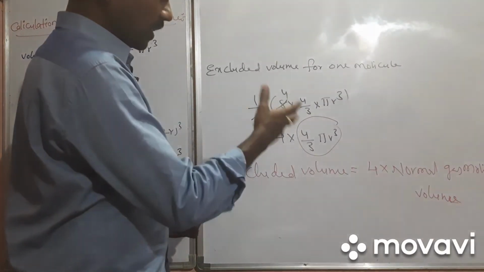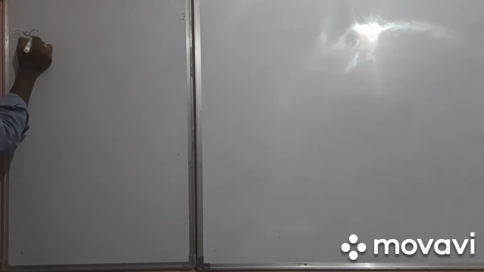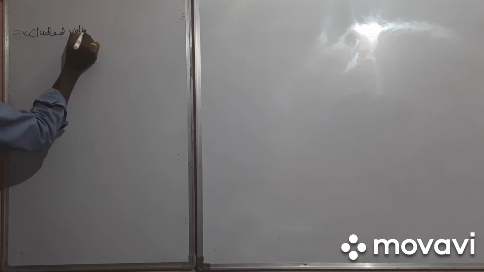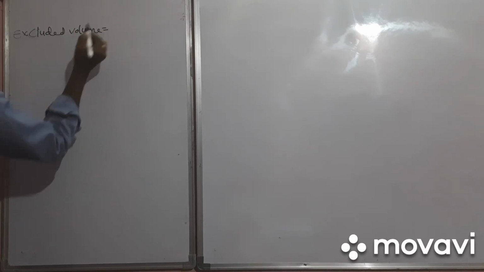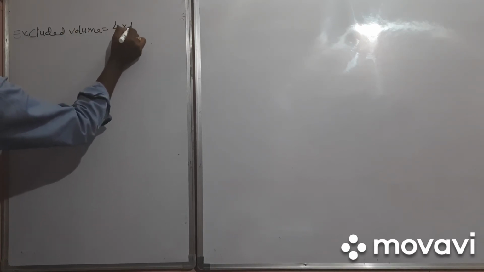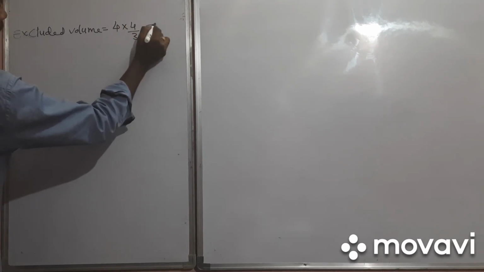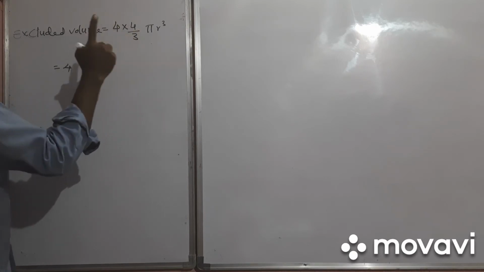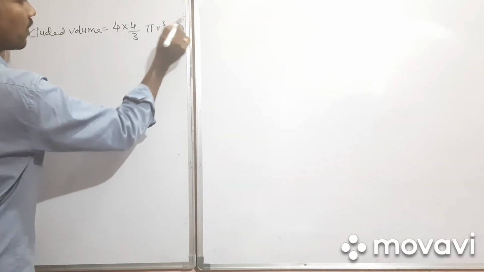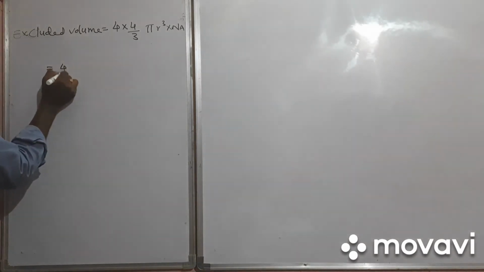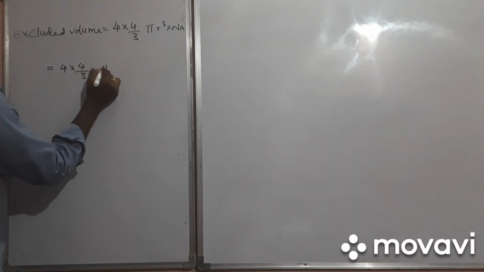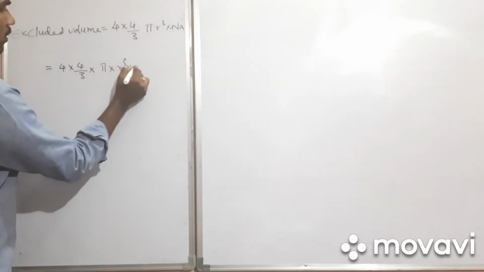So if you simplify this again, excluded volume is equal to 4 into 4 by 3 pi r cube, right? This is for one molecule, then we have to multiply with the Avogadro number. So 4 into 4 by 3 into pi into r cube into Na.